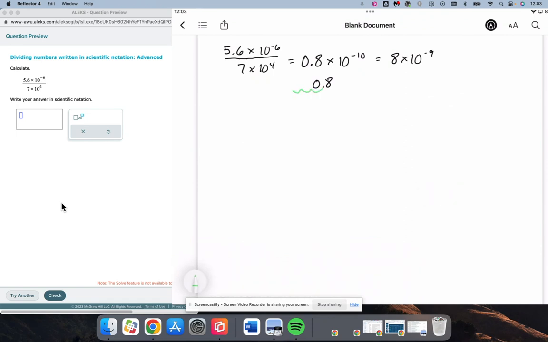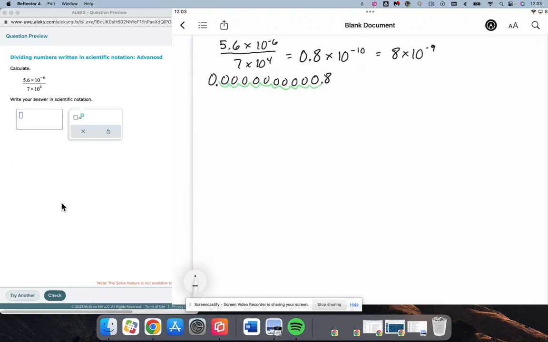So 1, 2, 3, 4, 5, 6, 7, 8, 9, 10. And let me count, double check. 1, 2, 3, 4, 5, 6, 7, 8, 9, 10. Yep. And then to change it back to scientific notation.